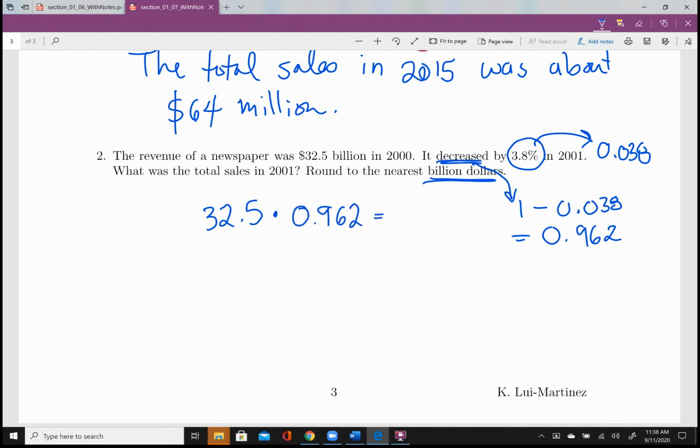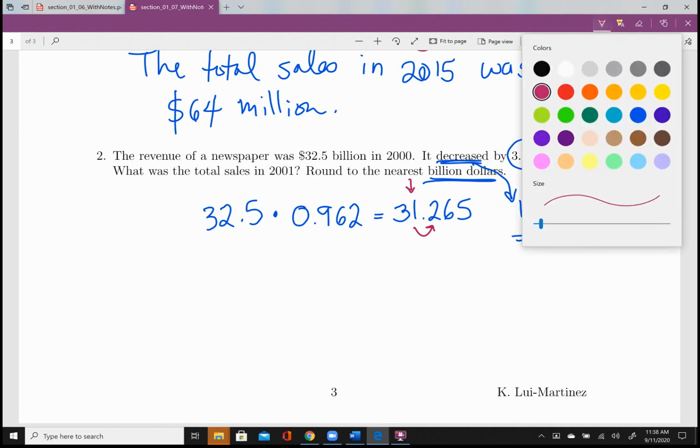And what do we get when we multiply those numbers? We get 31.265. We are indeed going to round to the nearest $1 billion, so let me go ahead and get another color out here, right? Again, we'll just keep it at 31 then, because the neighbor to the rounded value was 4 or less. Well, 2 is definitely less than 4, so we're good on that one.